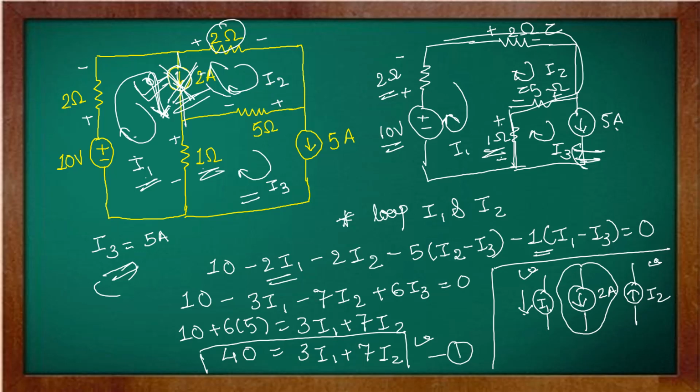There are 2 chances: one, we can say I1 minus I2 equal to 2, or I2 minus I1 equal to 2. For that you have to check this direction. The 2 ampere direction is the same as the I1 direction, so we can say I1 minus I2 is equal to 2. This will become my equation number 2. If both directions are the same, for example down, then you have to write I1 plus I2 equal to 2.